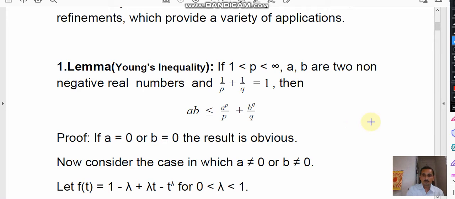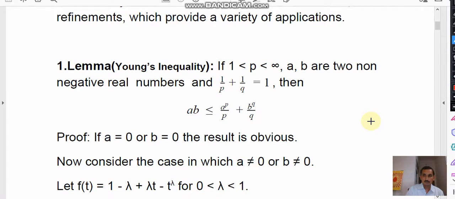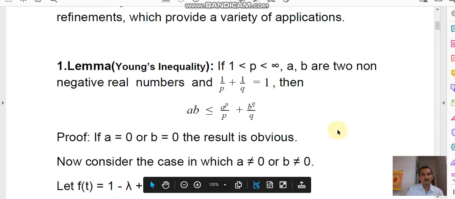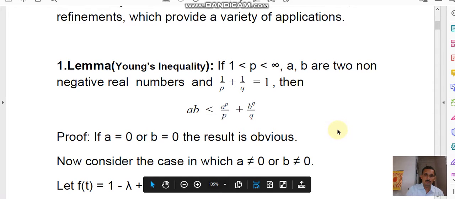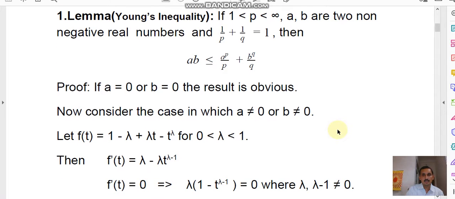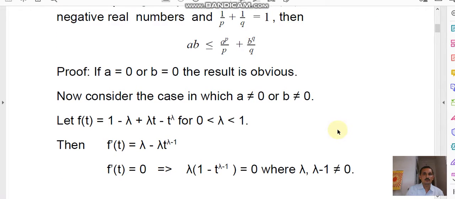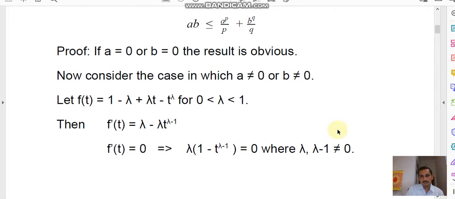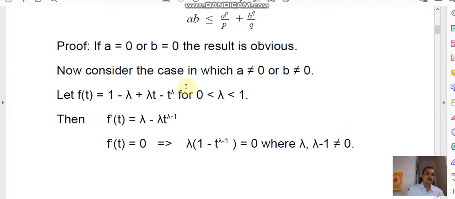So first, if a equal to 0 and b equal to 0, then this inequality is obvious. So we consider the case in which a not equal to 0 or b not equal to 0. So we consider a function, let f(t) equal to 1 minus lambda plus lambda t minus t^lambda, where the values of lambda are between 0 to 1.